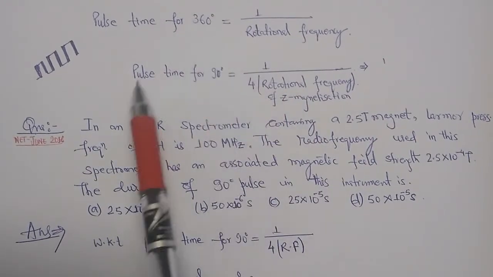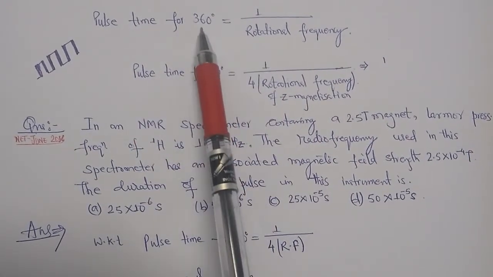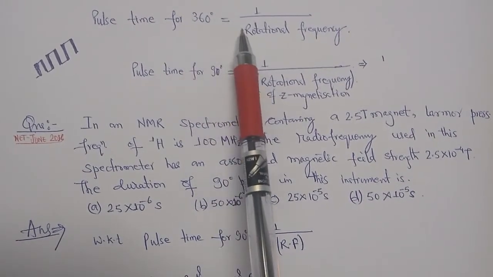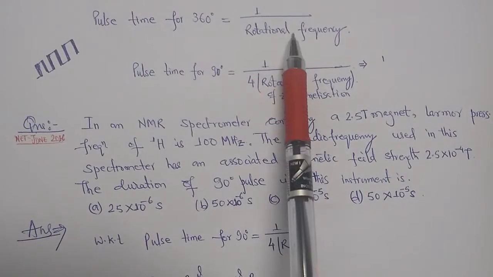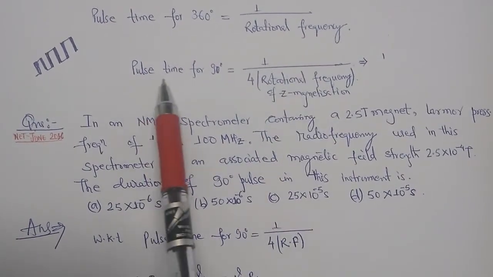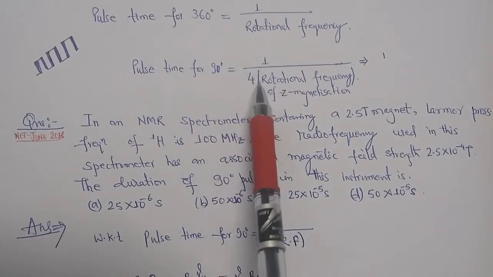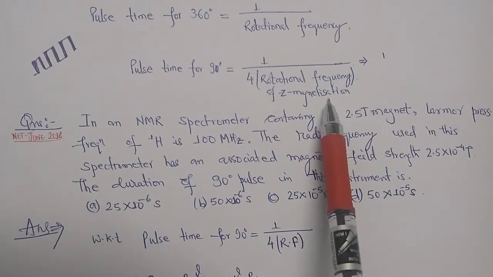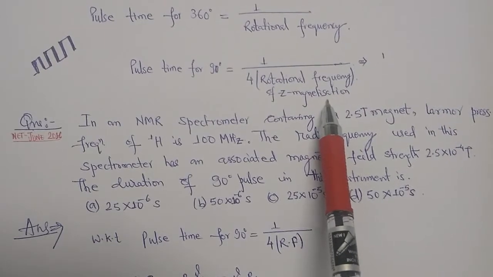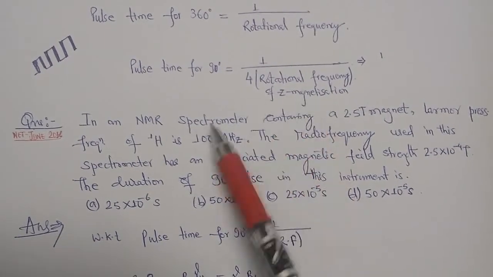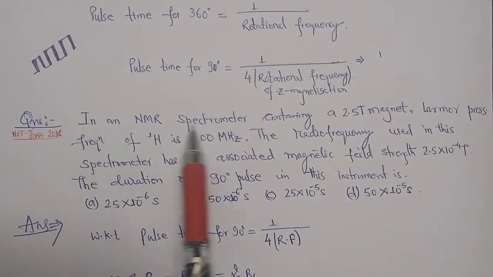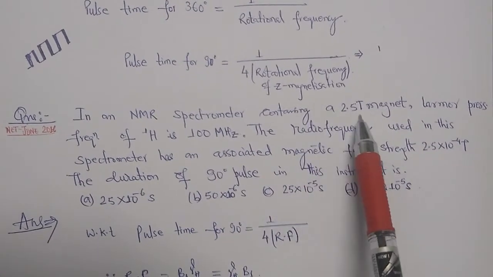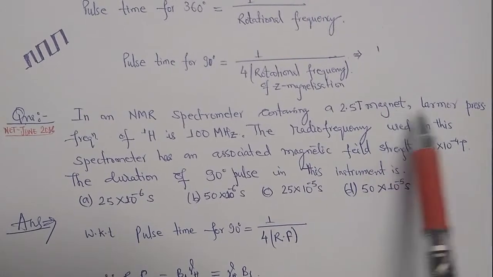Now if we want to find the pulse time for 90 degrees, then we need to divide this whole equation by 4. We'll get the pulse time for 90 degrees equals 1 by 4 into RF, that is the rotational frequency of Z magnetization.